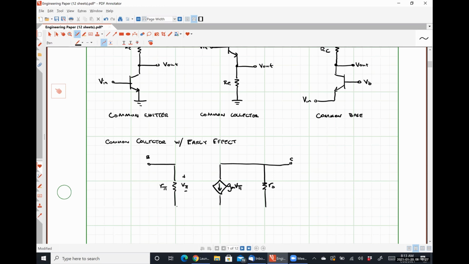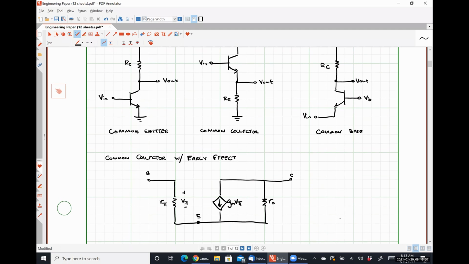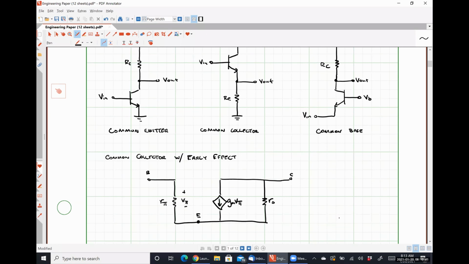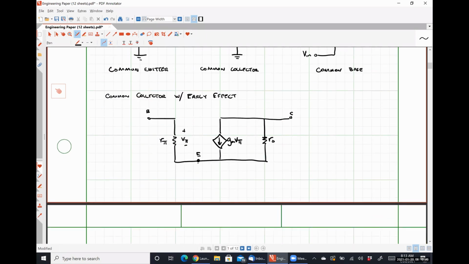Here is our collector terminal. Here is our emitter. All right, so for the common collector, there is a resistor placed between the emitter terminal and ground. So that's this guy right here.